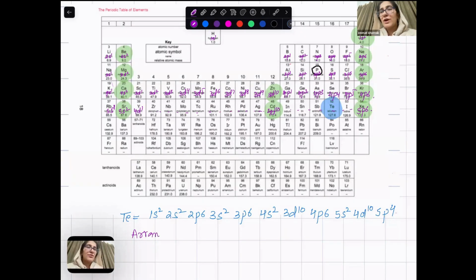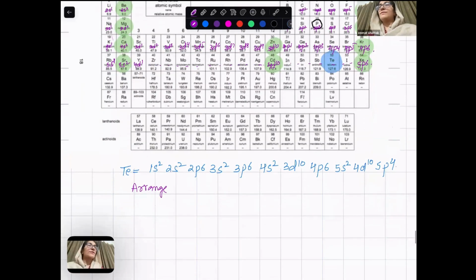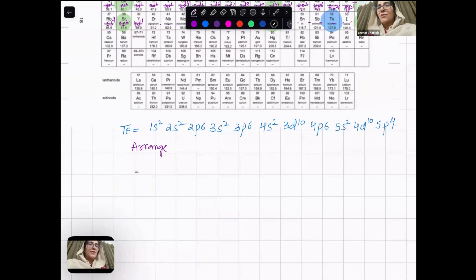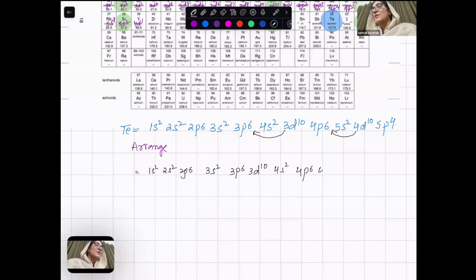You arrange them: 1s2, 2s2, 2p6, 3s2, 3p6, 3d10, 4s2, 4p6, 4d10, 5s2 and 5p4.